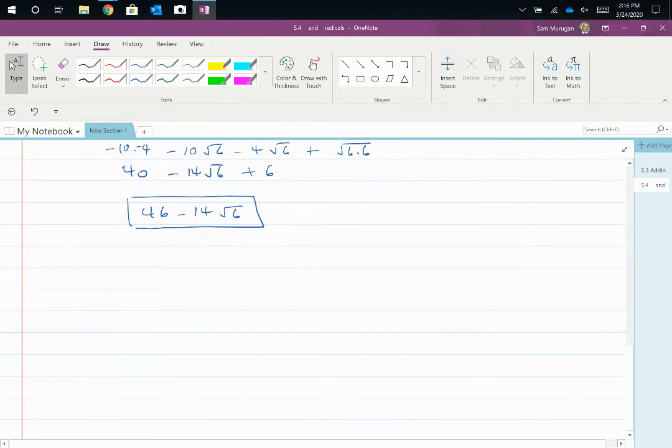Now we can speak a little bit about conjugates. A plus B and A minus B are conjugates.